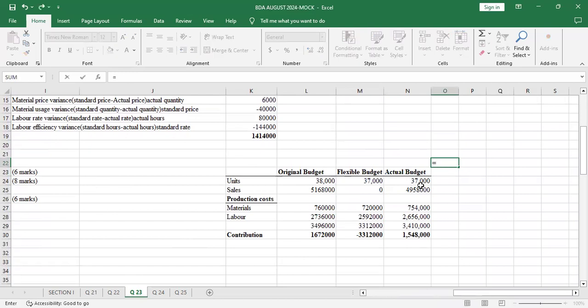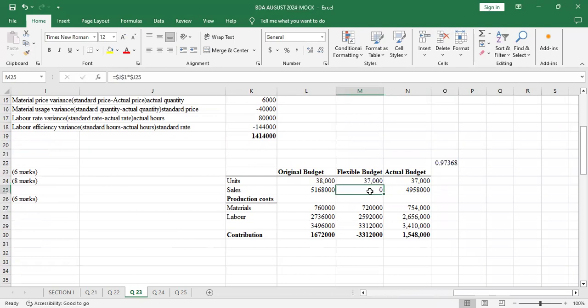I'll divide the actual units by the units of original, and I'll get 0.97368. I'll just multiply by this flex factor to get 503,200. And the values change automatically.